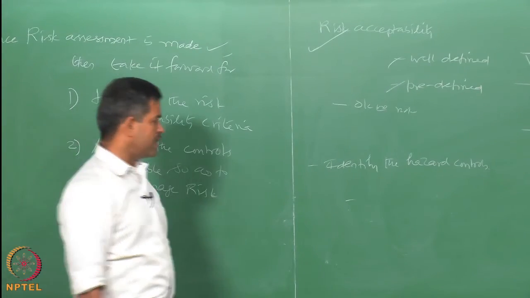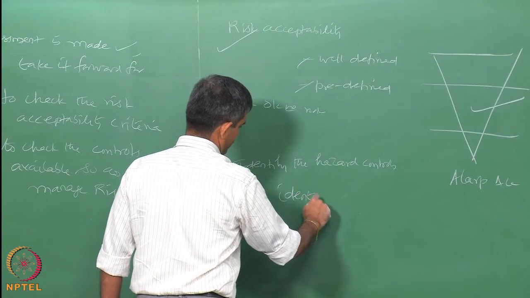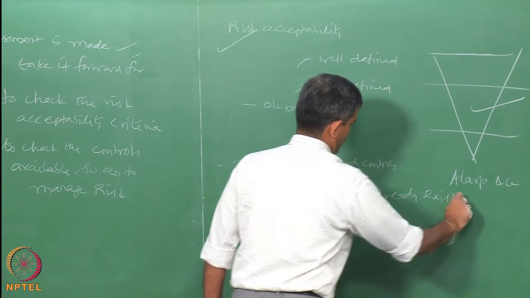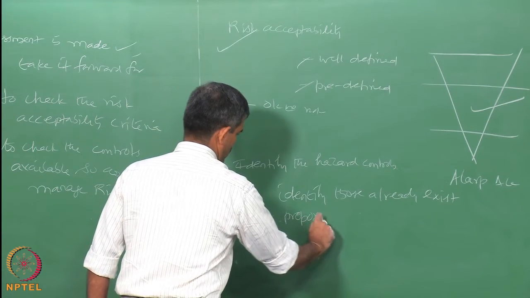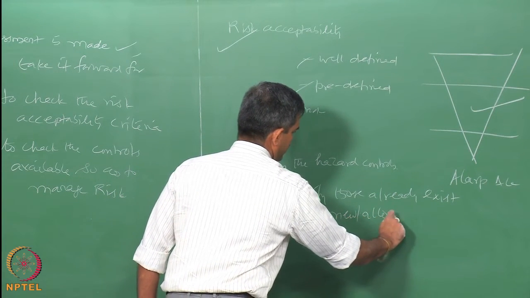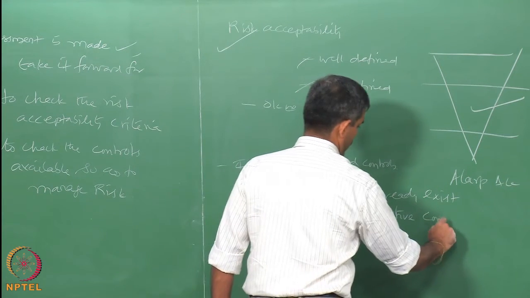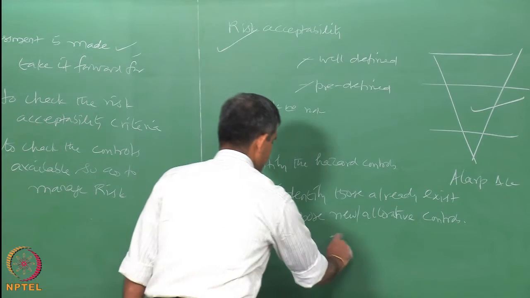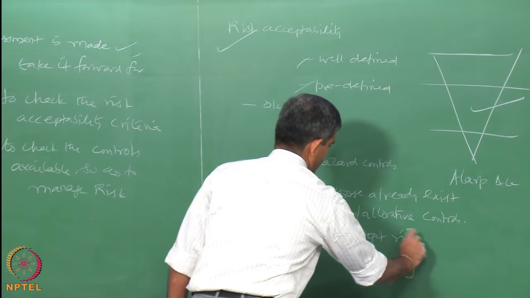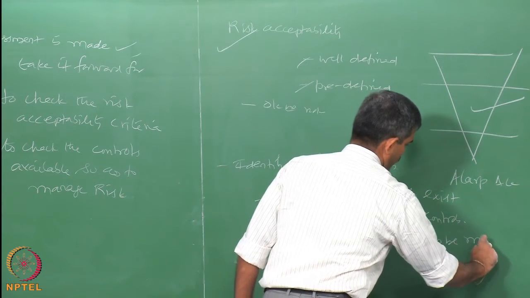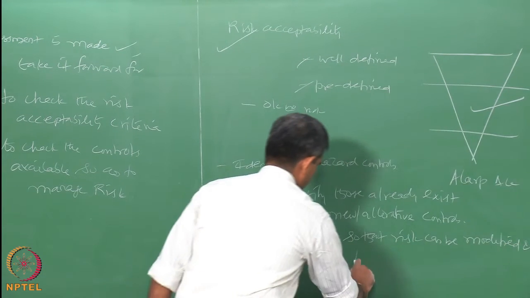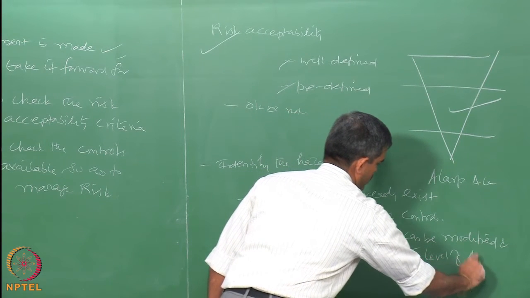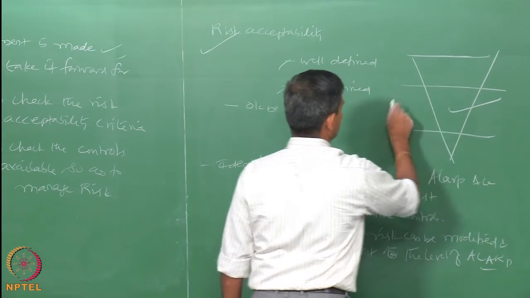So, one needs to identify those that already exist in the plant and propose new or alternative controls to the plant, so that in both cases risk can be modified and brought to the level of the tolerable region, that is this region.